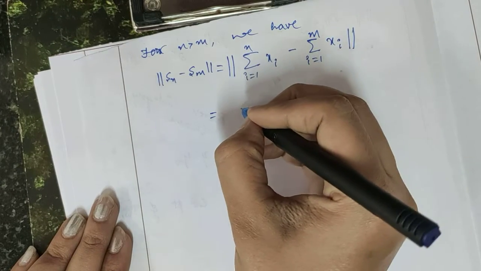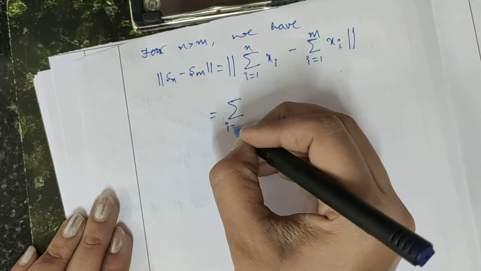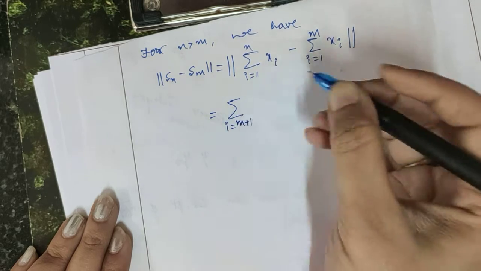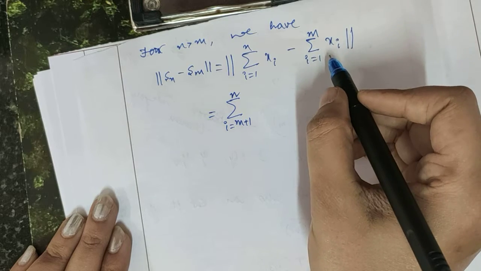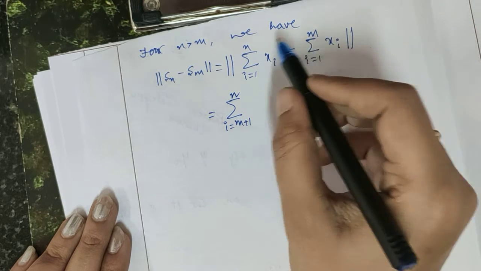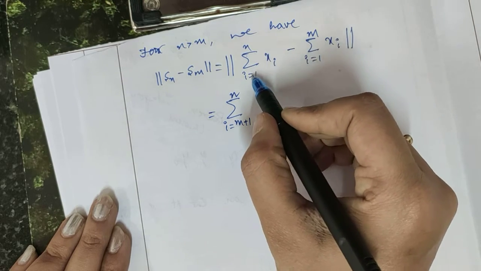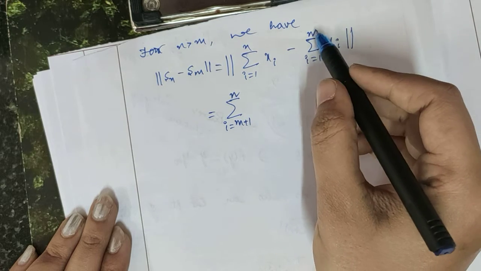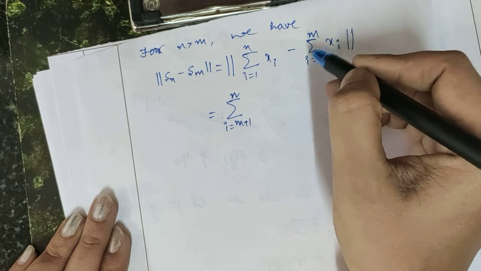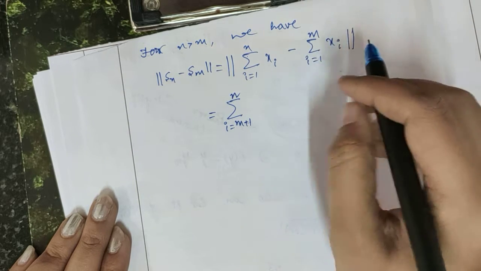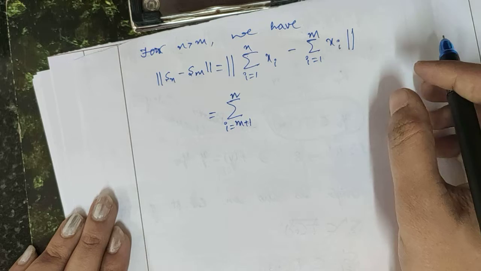So this is nothing but summation i equal to m plus 1 to n. If I expand this summation, since it is i equal to 1 to n and here i equal to 1 to m, the first m terms will get cancelled. So from m plus 1 you will get the summation part, right?